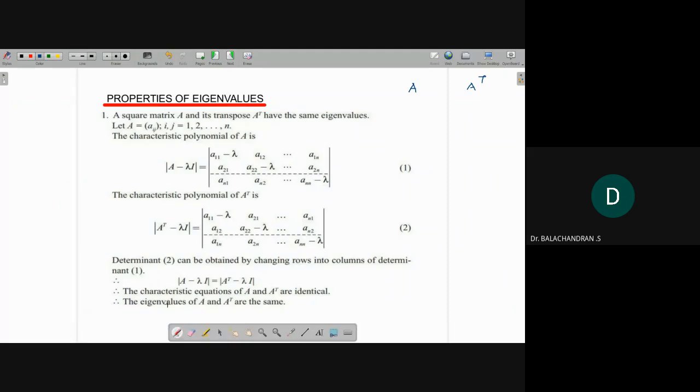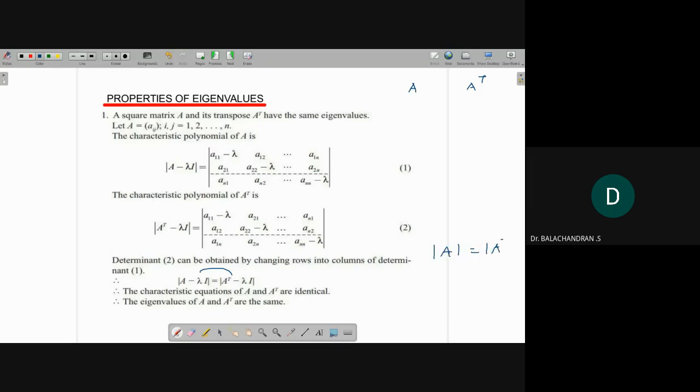I want to prove the eigenvalues of A and B, or A and A transpose, are the same. For this, I need to prove the characteristic equations of A and A transpose are identical. That is, determinant of A minus lambda I equals determinant of A transpose minus lambda I. For this, we know that determinant of A is the same as determinant of A transpose.